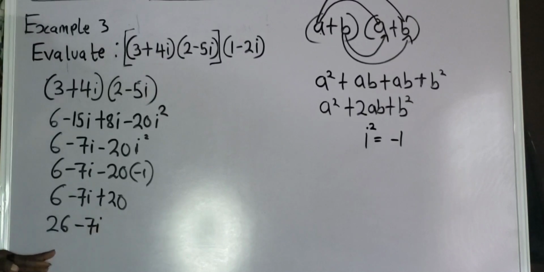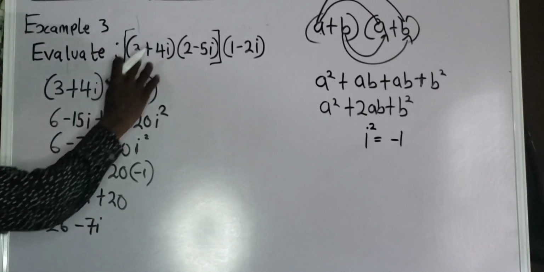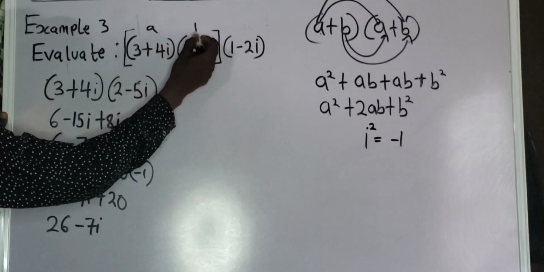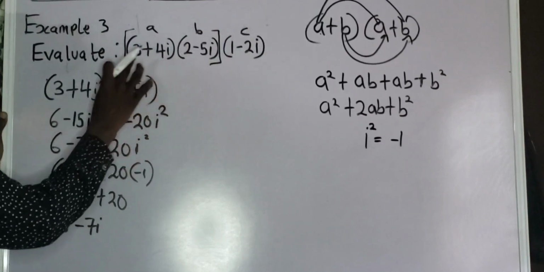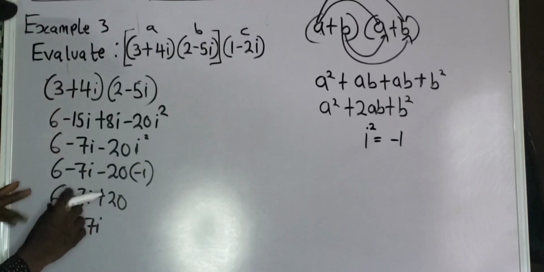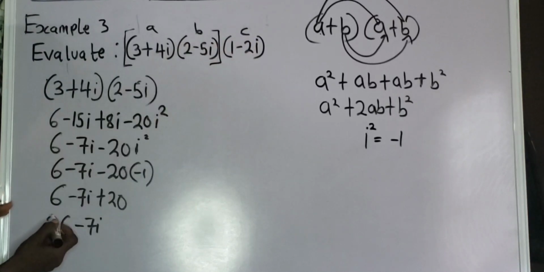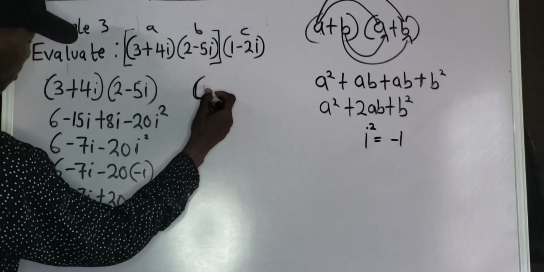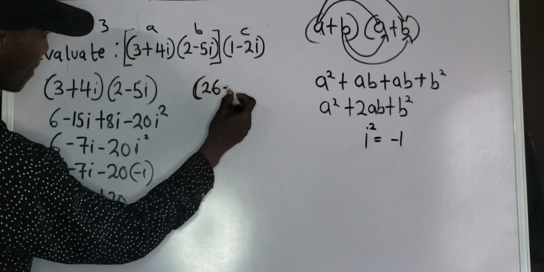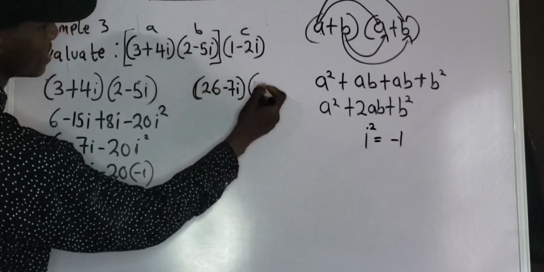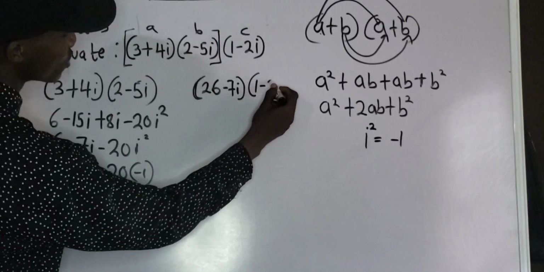Do you understand? So now I have taken the product of these two complex numbers. This is complex number A, complex number B, complex number C. I have taken the product of A and B. Now, let us take the product of A, B, and C. So I'm going to take 26 minus 7i multiplied by C. C is 1 minus 2i.